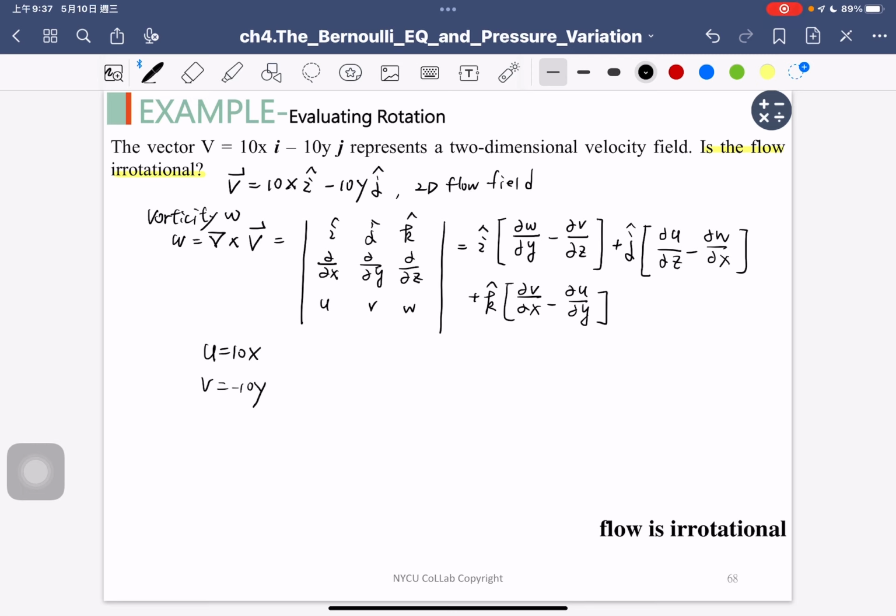We don't have a w velocity, so w is 0. Now you can put all the u, v, w into the equations.